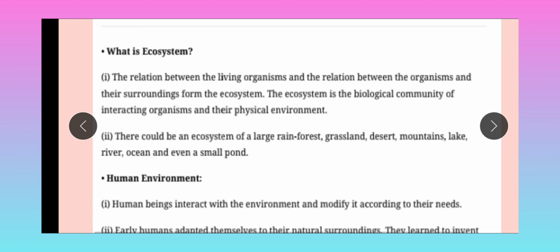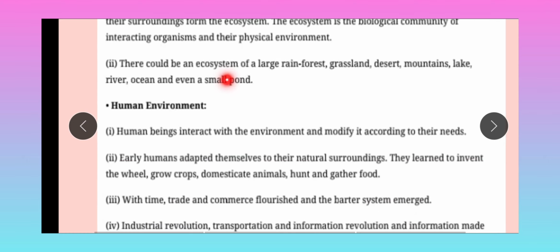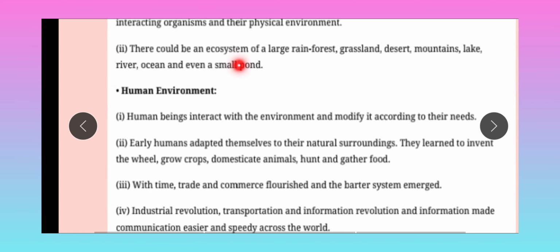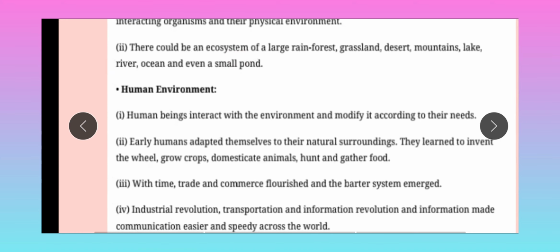Second one, there could be an ecosystem of a large rainforest, grassland, desert, mountains, lakes, rivers, ocean and even a small pond. All these things are included in the ecosystem.